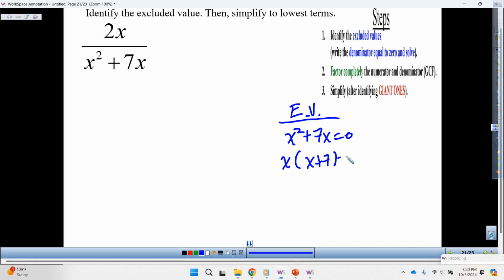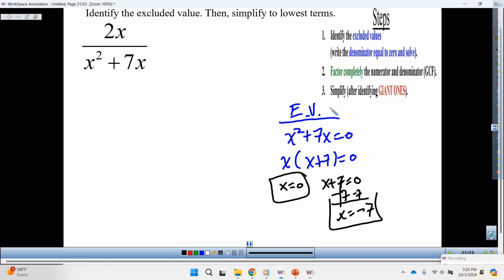We're left with x plus 7 equal to 0. And then x equal to 0. Solve. This is already solved. Minus 7, x equals negative 7. Our excluded values are 0 and negative 7. Hands if you got that. All right, simplify.